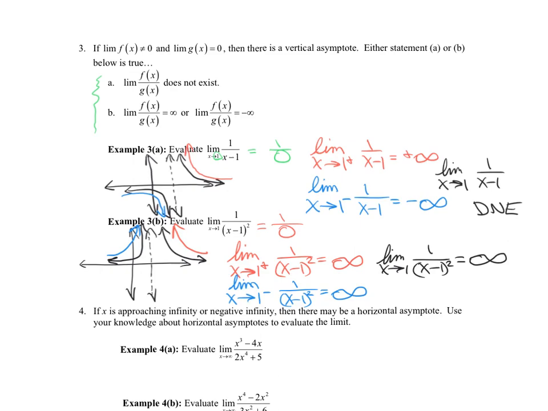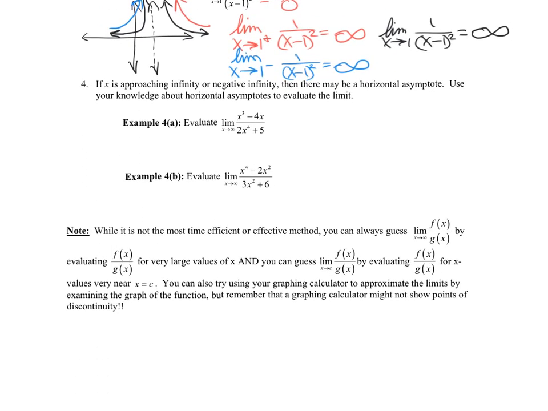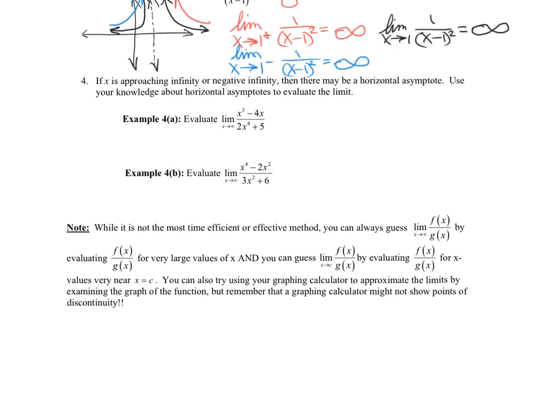The final technique is where x is approaching positive or negative infinity. Here it's approaching positive infinity, same with example 4b. When that happens, there may be a horizontal asymptote. So you need to use your knowledge about horizontal asymptotes to evaluate the limit.